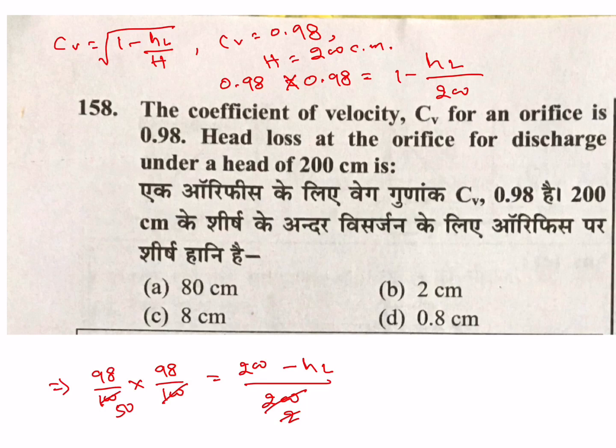Then you have to do approximation. You put 100 here, 2, then 98 into 2 is 196, 200 minus 196, you will get 4 centimeter.